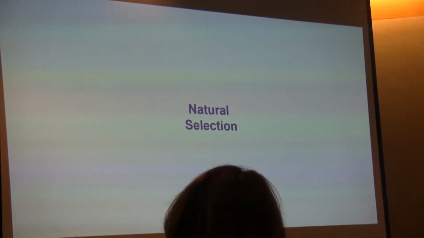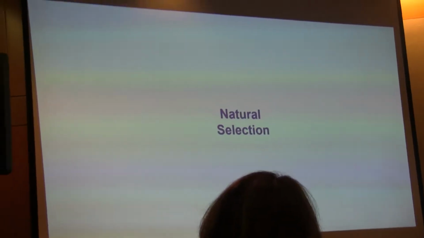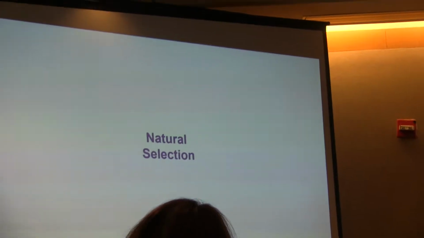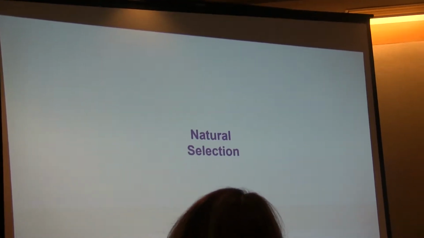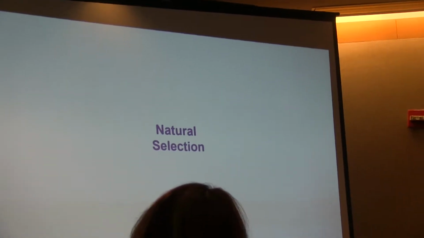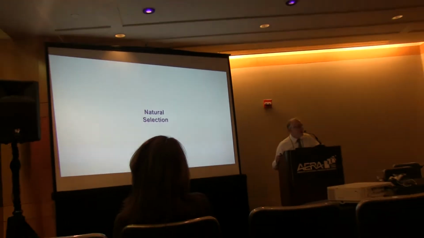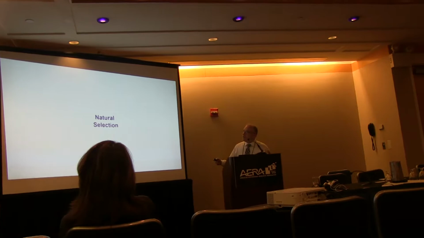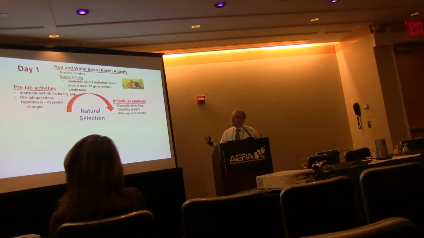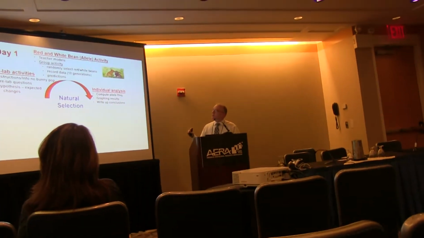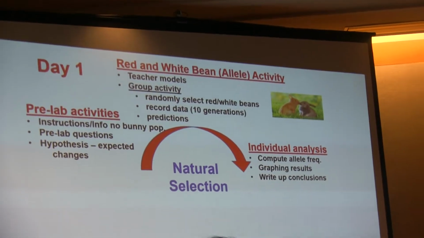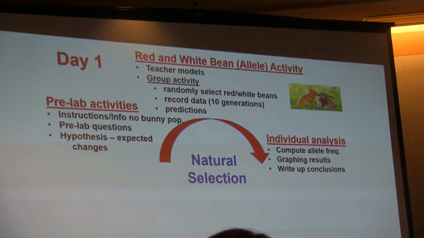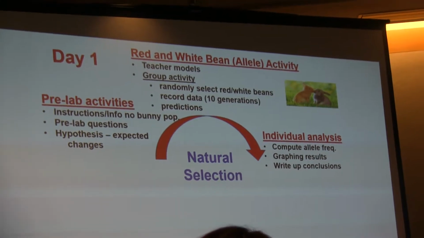So, natural selection. This was a 2-day lesson. The goal was to help students understand how natural selection results in gene pool change over time. Across 2 days, there were a lot of activities that students were asked to do. Day one was really about this red and white bean allele activity, pertaining to a bunny population with fur and no fur traits that were desirable or not.